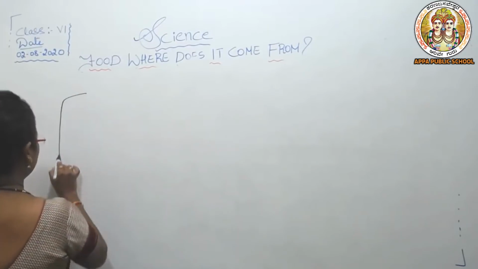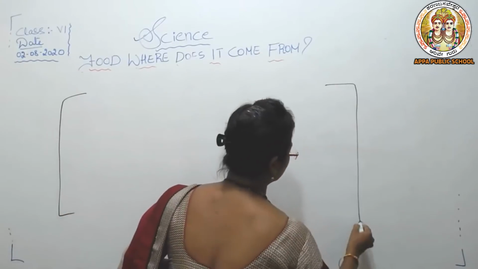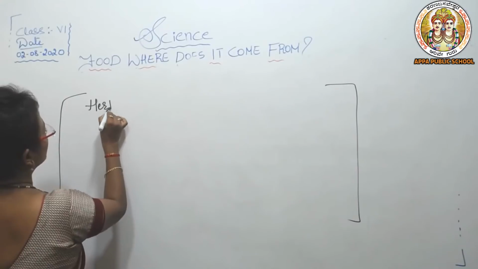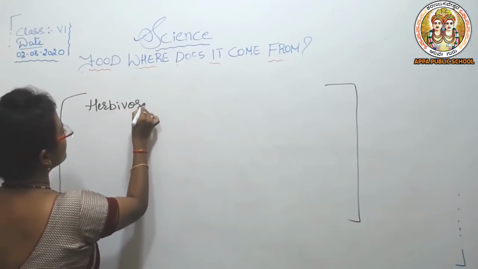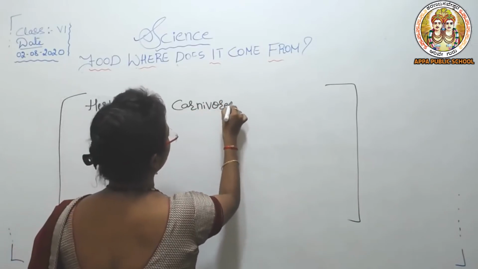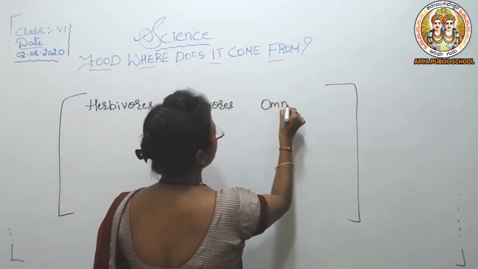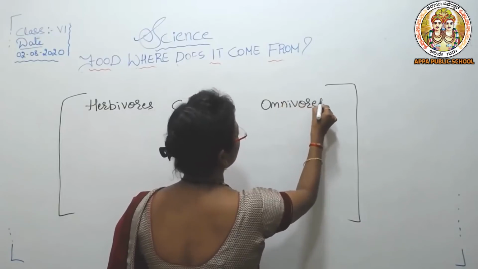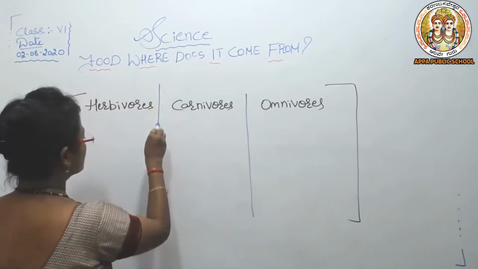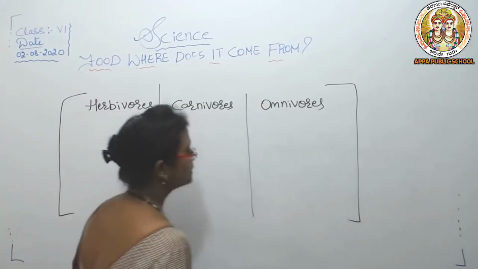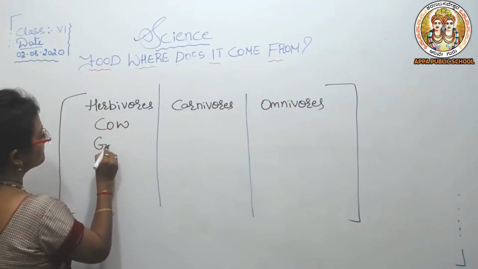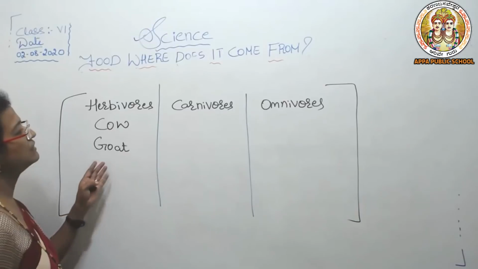So, by activity, one more table we'll draw here. First what we learned: herbivorous, carnivorous, and omnivorous. Herbivorous, which are the examples? Cow, goat.